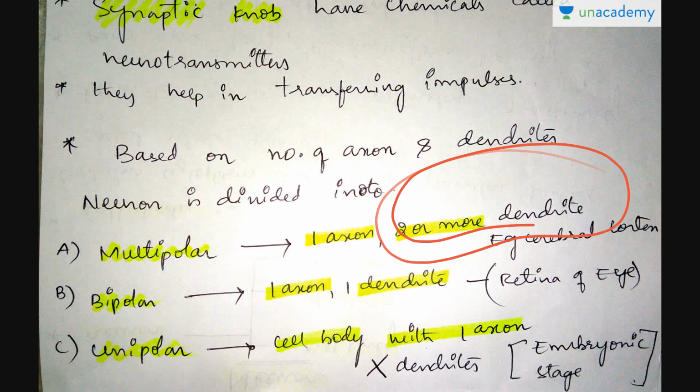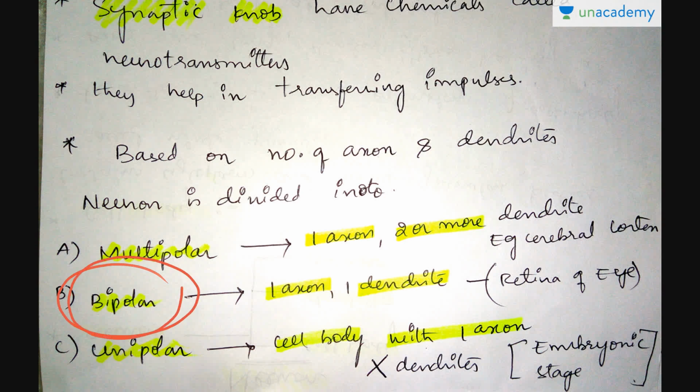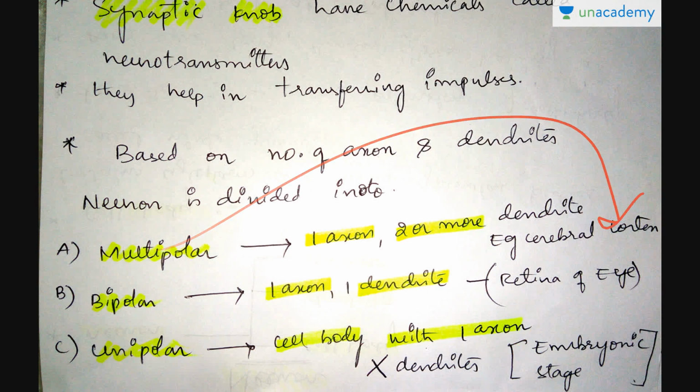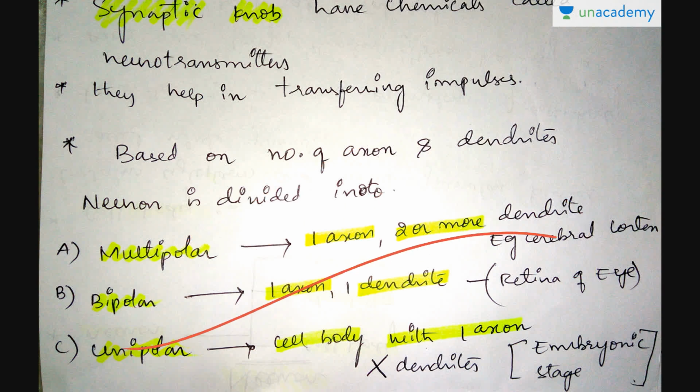In bipolar neurons, one axon and one dendrite are present. In unipolar neurons, the cell body has one axon. Multipolar neurons are seen in the cerebral cortex, bipolar neurons are seen in the retina, and unipolar neurons are seen during the embryonic stage.